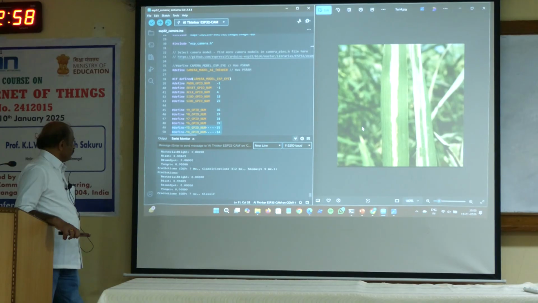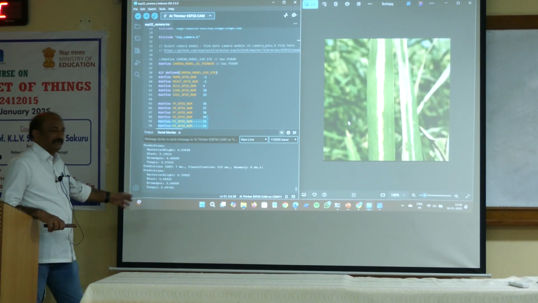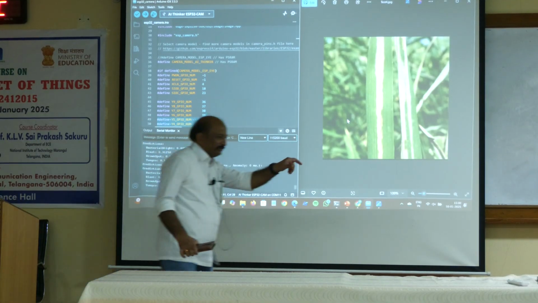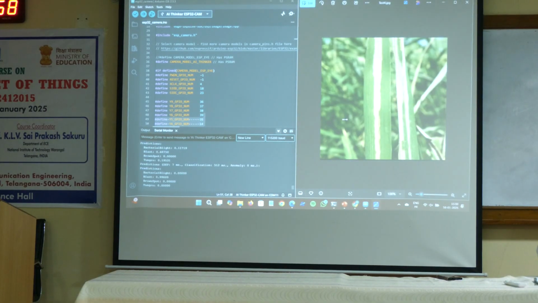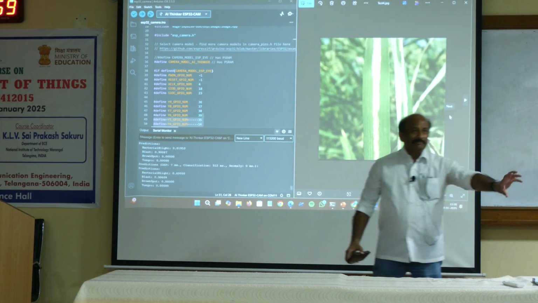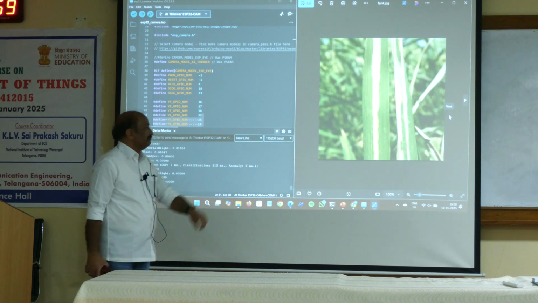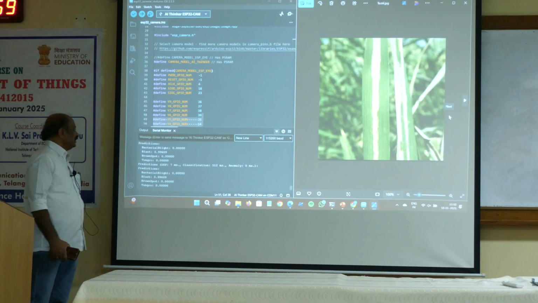The accuracy is 99%. You can see the predictions there. When the camera is kept to the plant, I think I'll rotate the table so that you can see. So we are keeping the camera to the plant directly, and you can see the predictions and the plant disease.